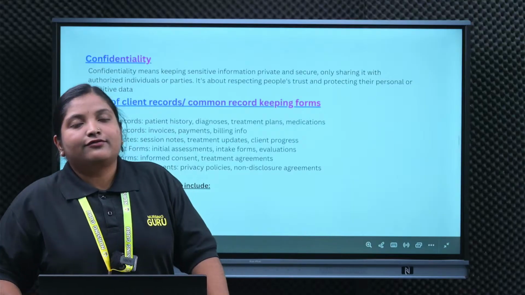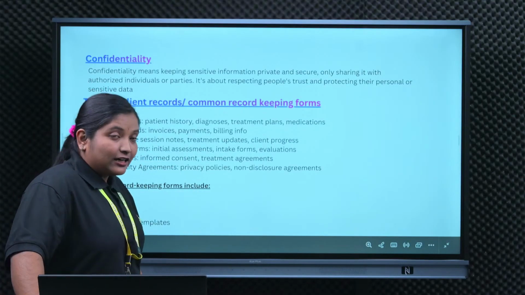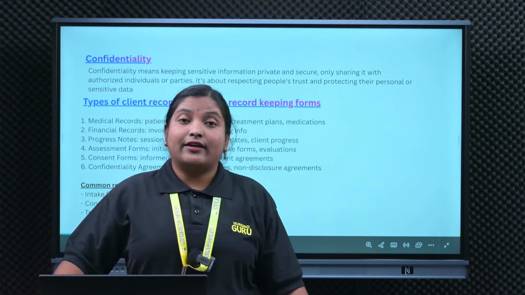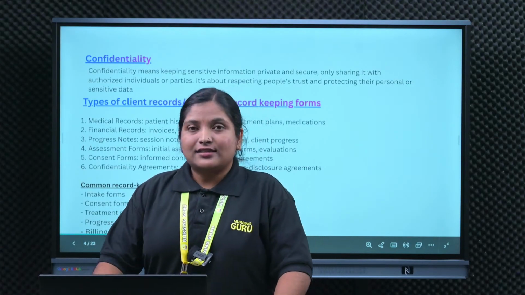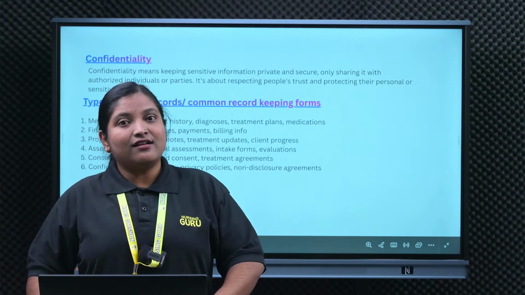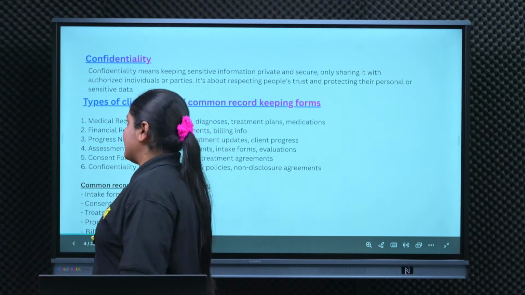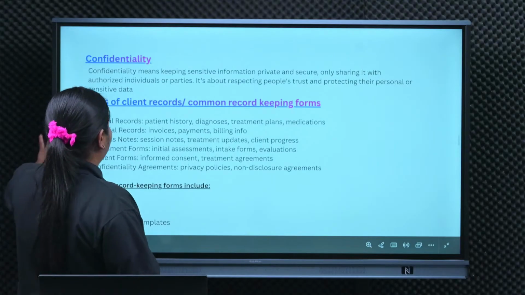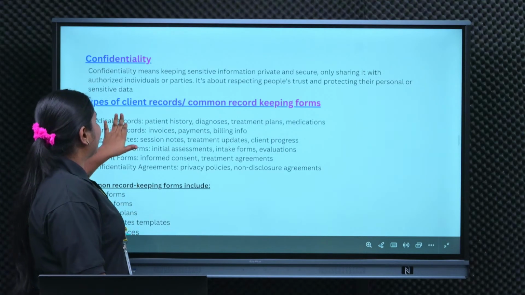So that kind of thing we also have to maintain. For maintaining particular records and documentation, a certain department will be there, that we call the MRD, medical record department. The next one is the first type. Okay, so this one is medical records.